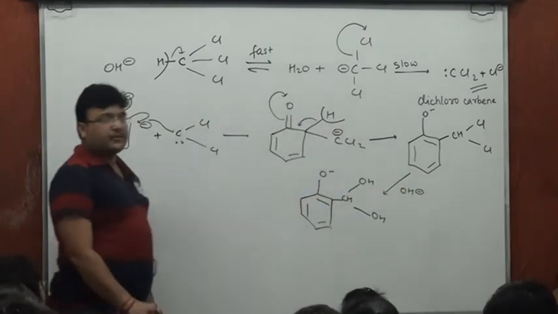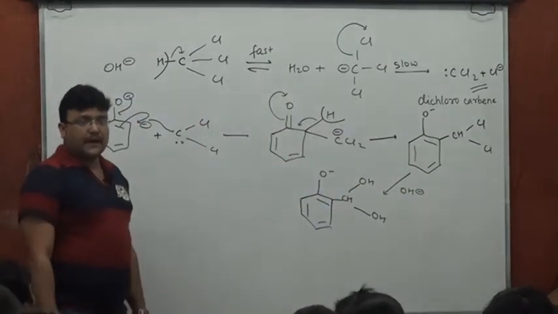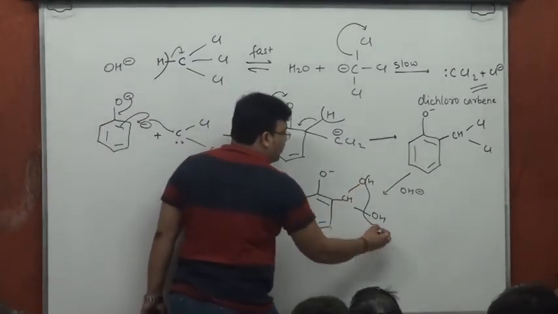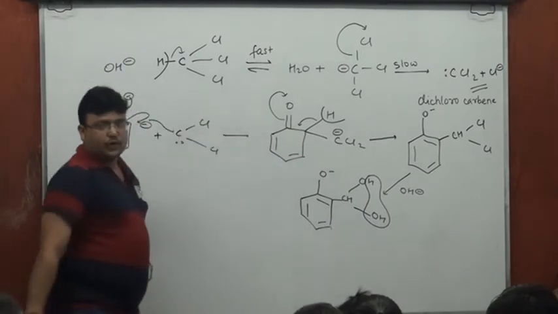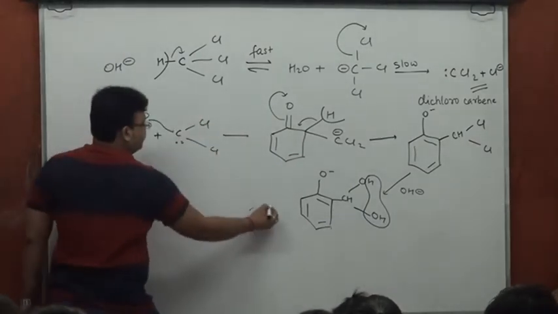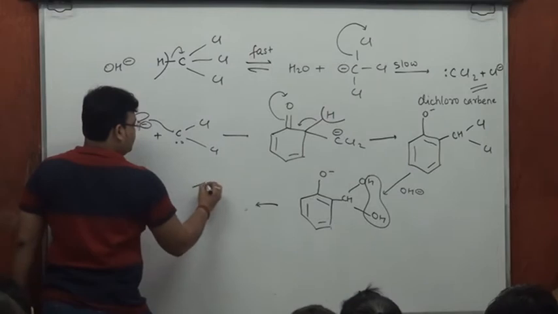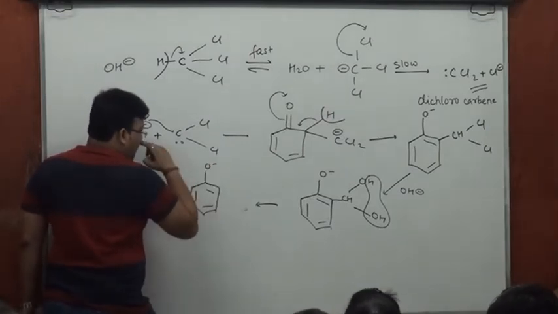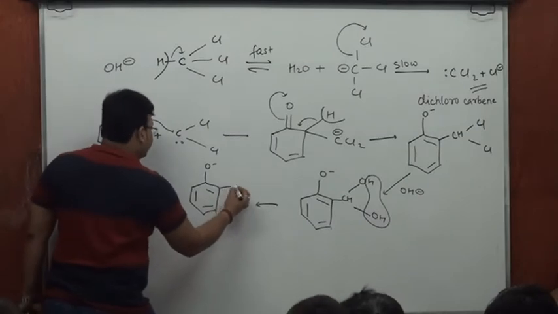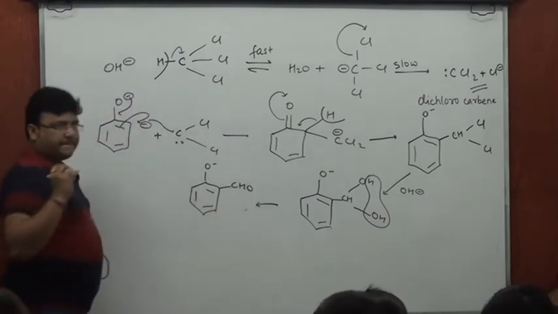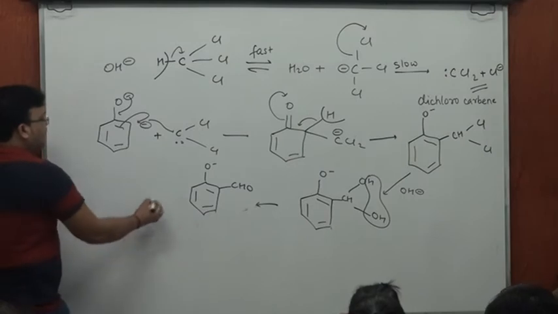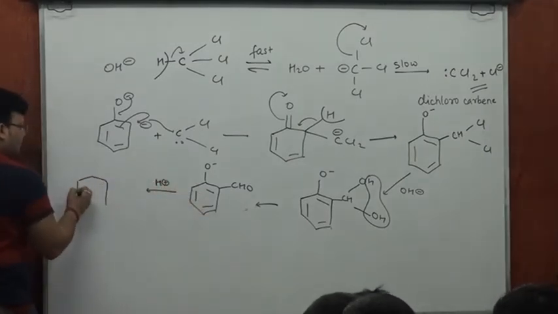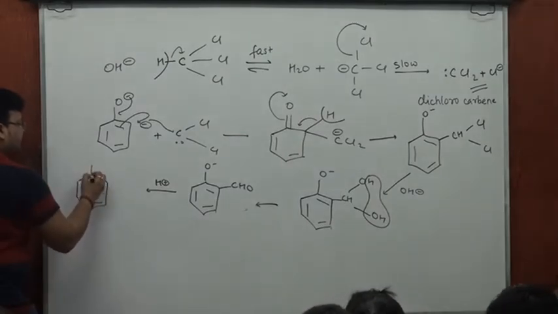Both Cl minus replaced by two OH minus, and then one carbon can't have more than one OH, so it's going to lose water, forming the anion of salicylaldehyde. It's going to become CHO here. The anion of salicylaldehyde, and this on slight acidification will give you the neutral molecule.